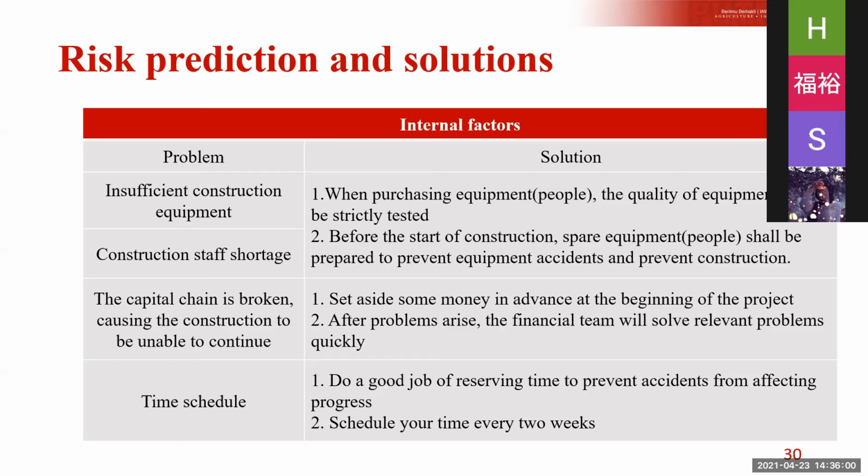We need to check the equipment, the quality of equipment should be strictly controlled, and before the start of construction, equipment shall be prepared to prevent equipment accidents and construction accidents. The other problem maybe is the capital chain is broken.